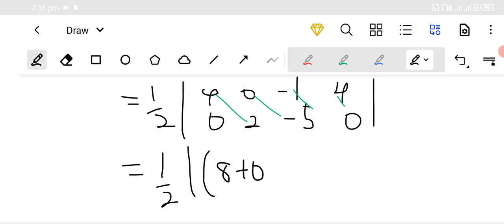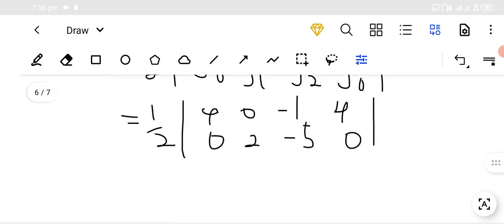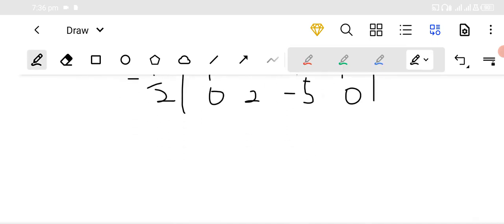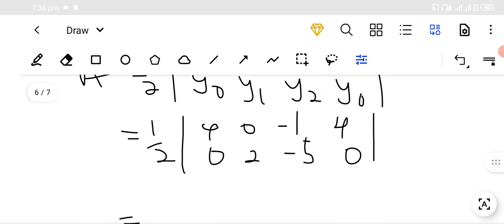Did I do this properly? Oof. I've removed what I wrote. Okay, so where did we end? We wrote the coordinates: 4, 0, 0, 2, negative 1, negative 5, and then again a 4, 0.